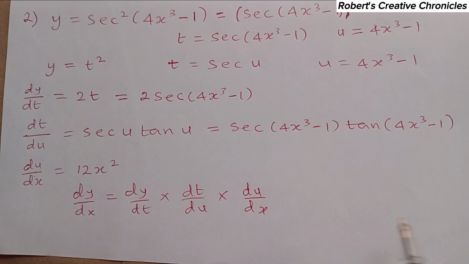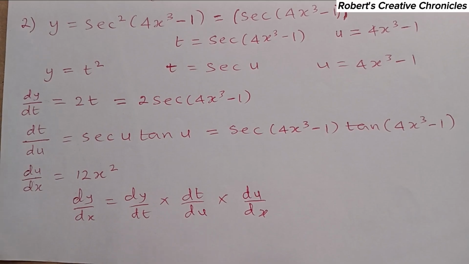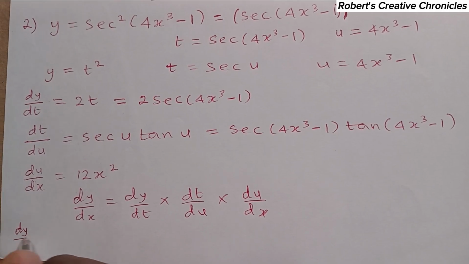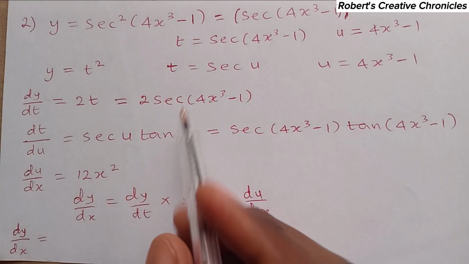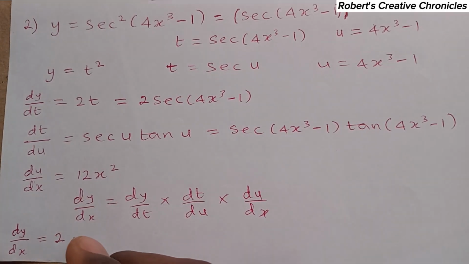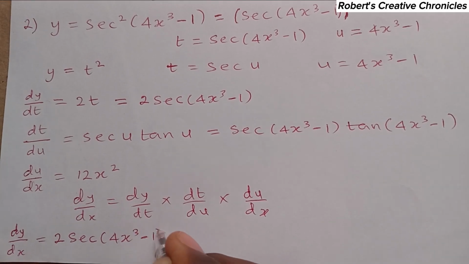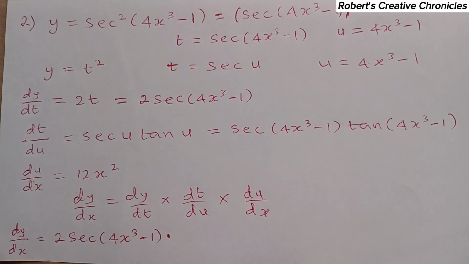Now, dy over dx is equal to what? dy over dt is this, 2 sec(4x cubed minus 1), dot, which means times here.